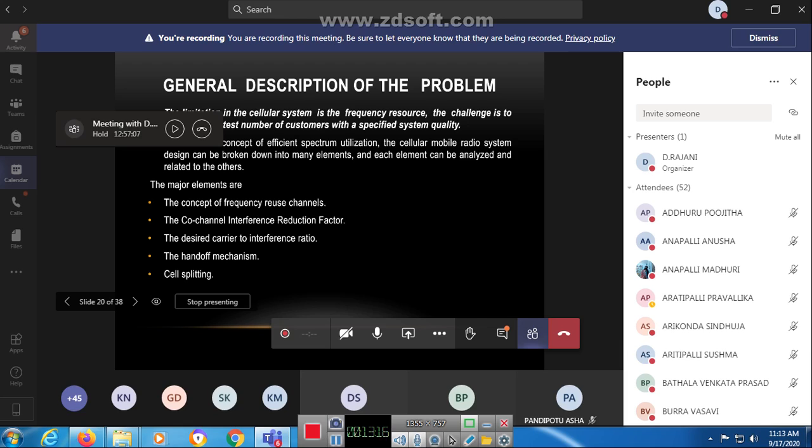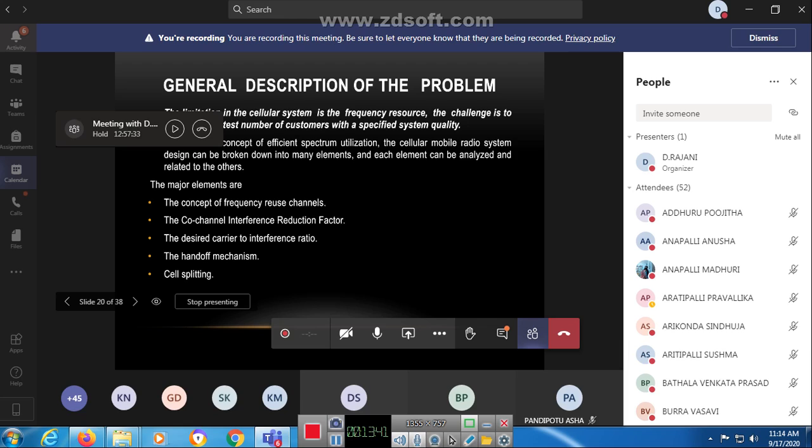Next, another one is the selective cell. Selective cell means angle-wise, like 180 degrees and 60 degrees. Another one is the umbrella cells. Here handover and traveling we can consider with umbrella cells. These are the different types of cells.